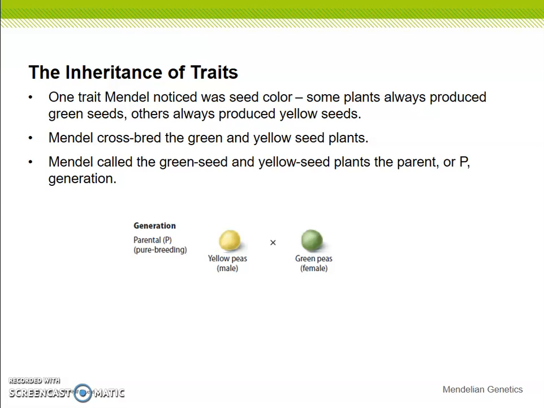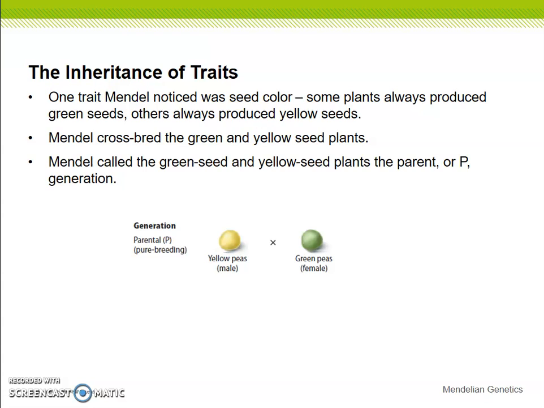He did that by removing the male sexual organs, the stigma and the style where the pollen is found, from certain pea plants, and he took pollen from another pea plant and fertilized or pollinated them. So he cross-pollinated them. That's what that process is called. And he called those parental seeds, the green seeds and the yellow seeds, the parent or P generation.